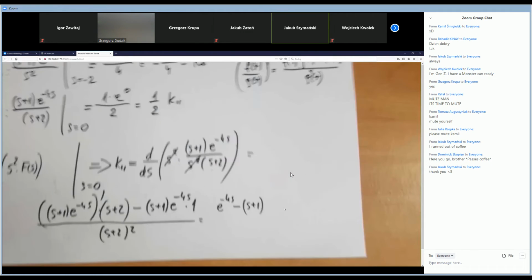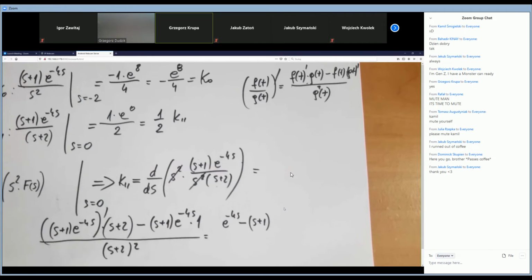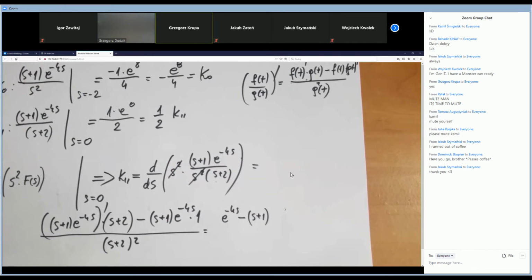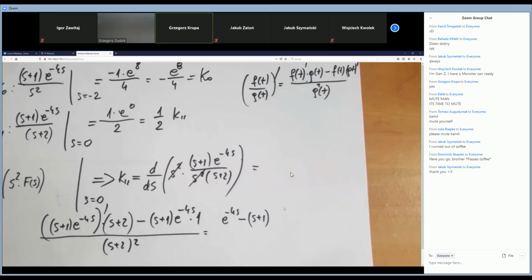I'm talking about the product rule. I know about the quotient, but after using the quotient rule, we have to use a product rule for calculating the derivative of s plus 1, in the bracket, times e to minus 4s. These are two functions, and to calculate this derivative we need to use the product rule, which uses plus inside.